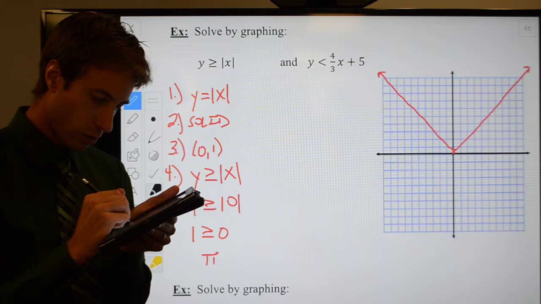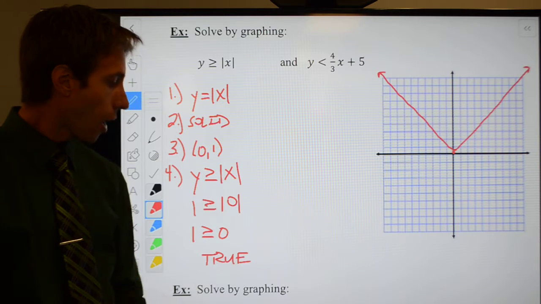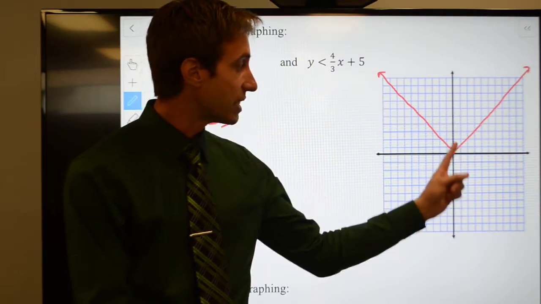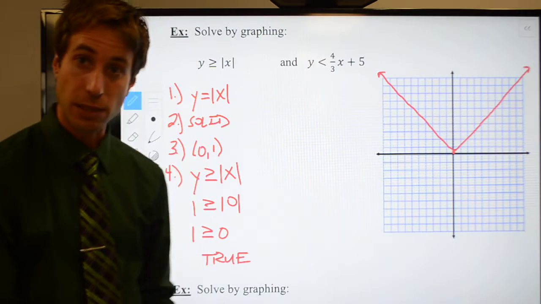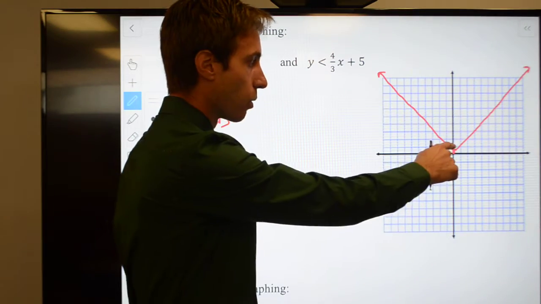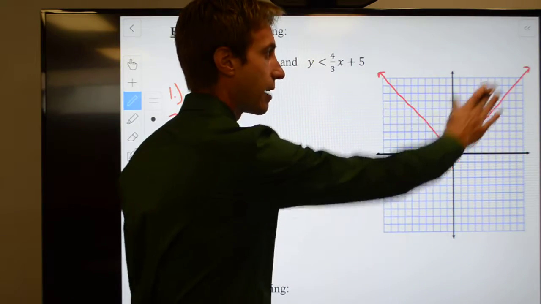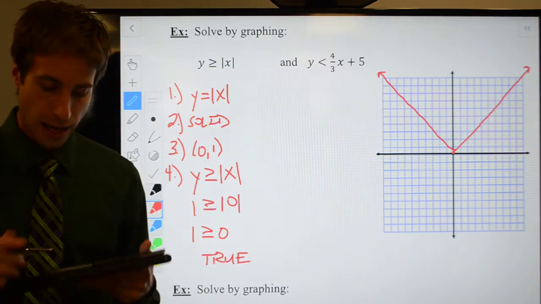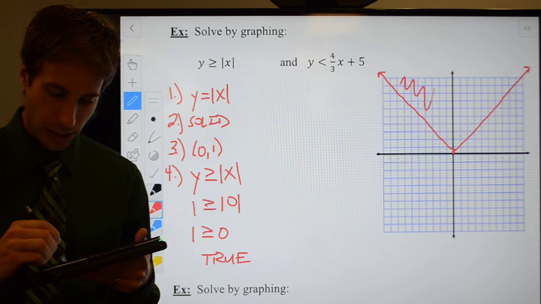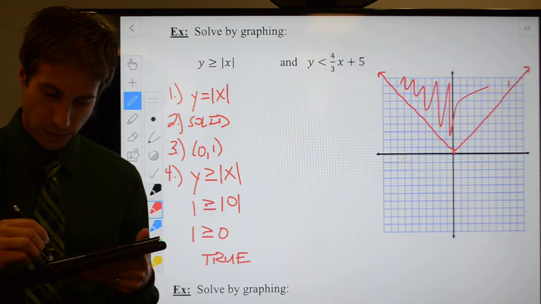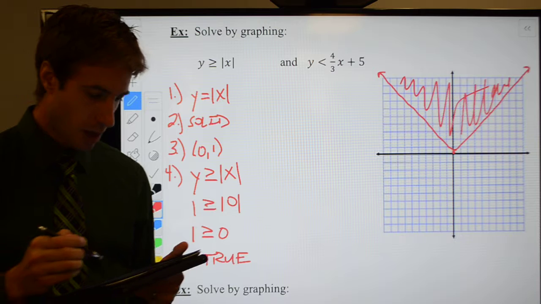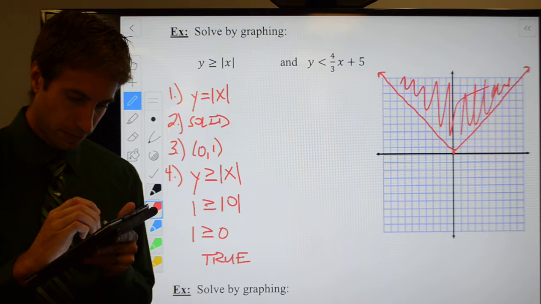That is true. Since my test point, 0, 1, is just inside the V and gave me a true statement, that means I shade everybody inside of the V.